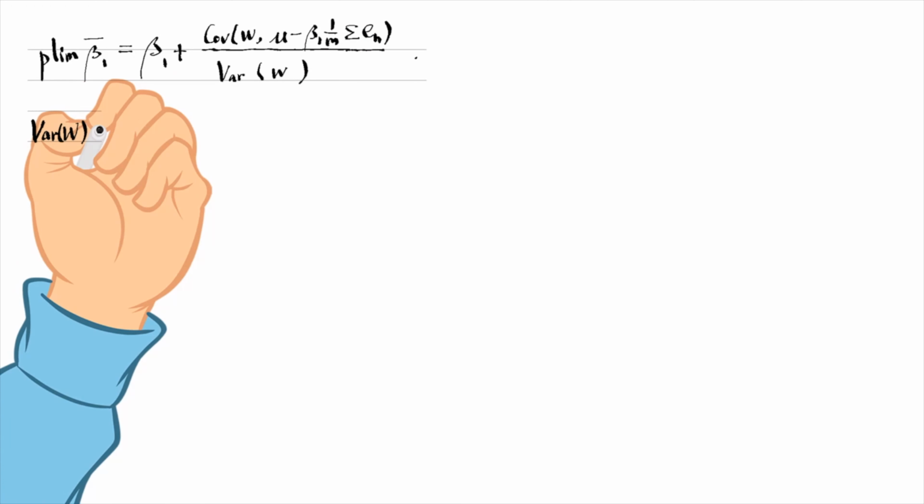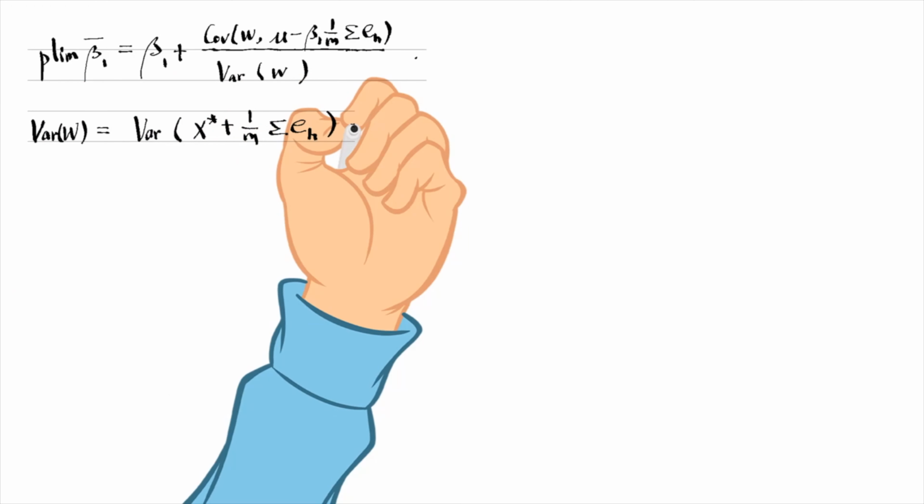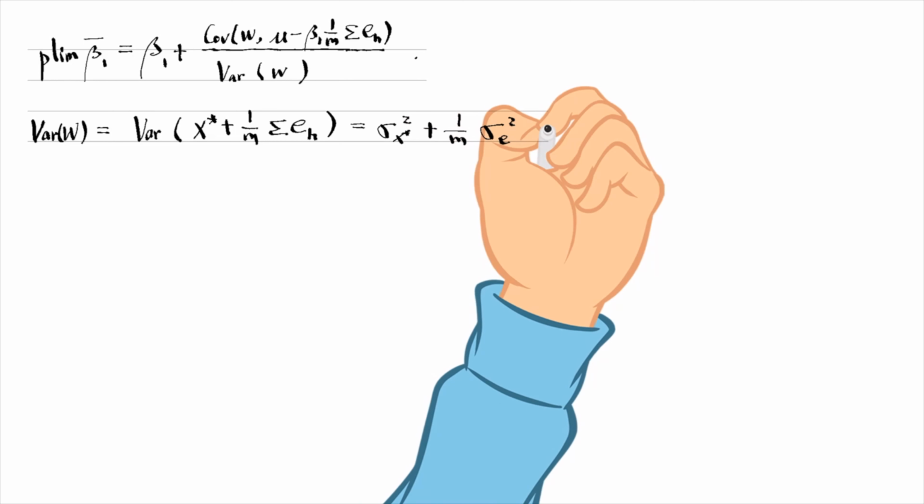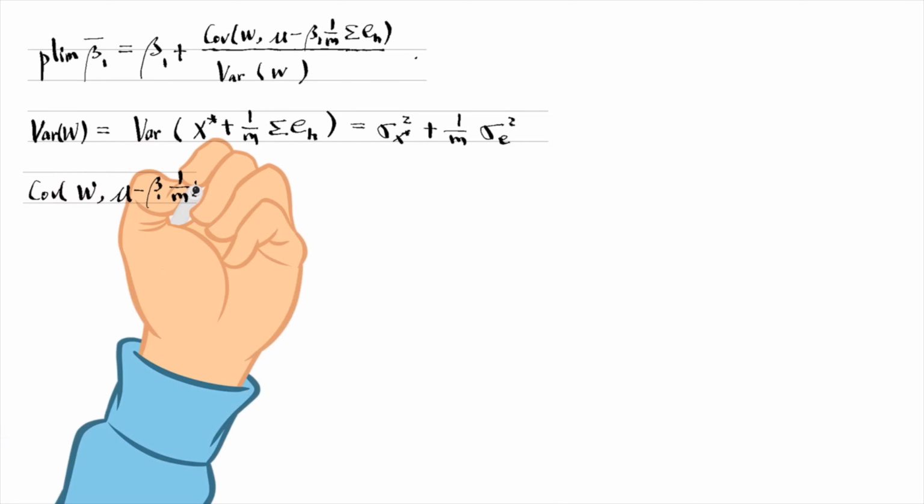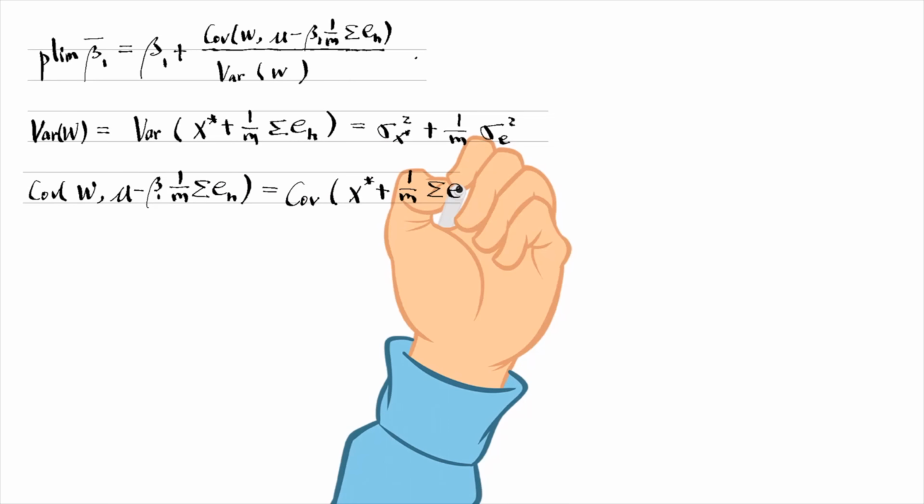Next, we derive the variance of w as sigma x star squared plus 1 over M times sigma e squared. Then we simplify the covariance term.